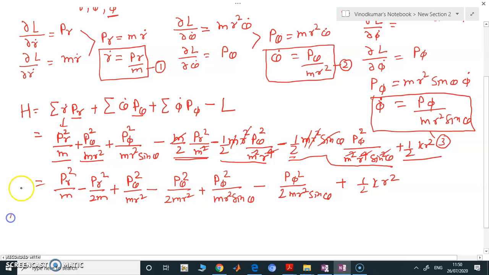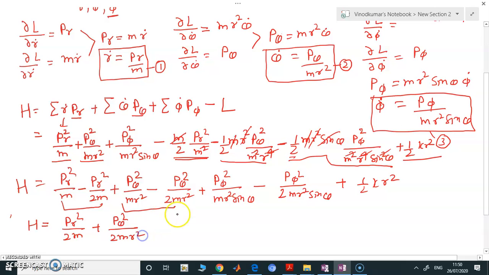This is our Hamiltonian. Now if we simplify more, from these two we get 1 and minus 1 by 2, so this will be P r square by 2m. Plus, from these two it will be 1 minus 1 by 2, so it will be 1 by 2, so this will be p theta square upon 2m r square.